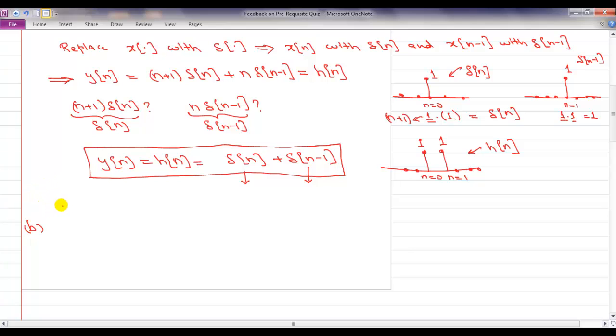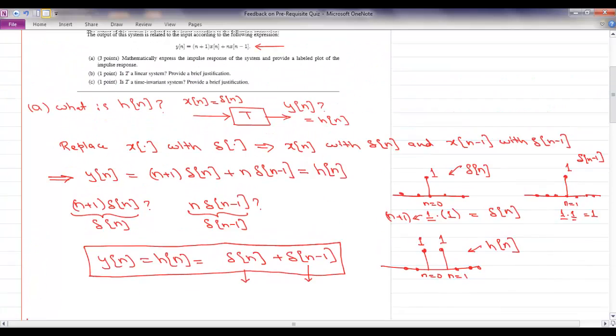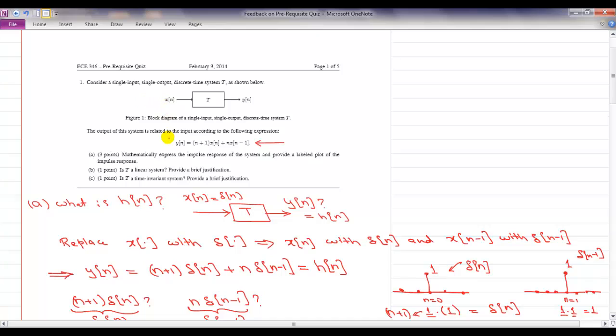The second part asks whether the system described by the relationship y of n equals (n plus 1) x[n] plus n x[n minus 1] is a linear system or not. Now, the important thing to note here is that linearity has nothing to do with whether this system has an impulse response, because every system in the world is going to have an impulse response.